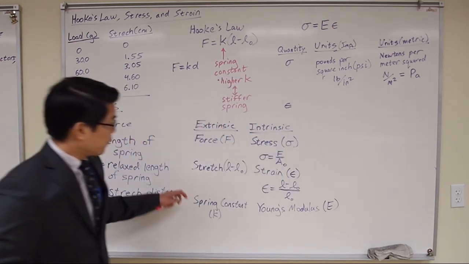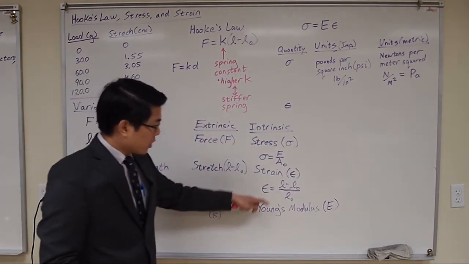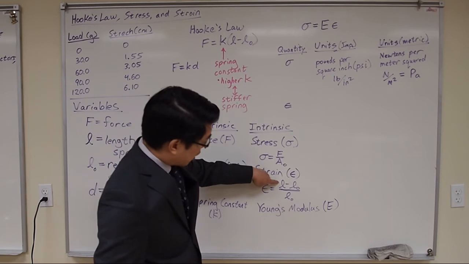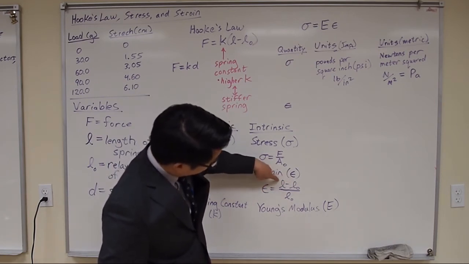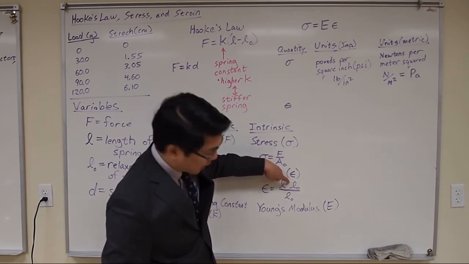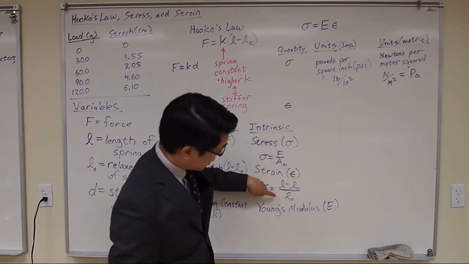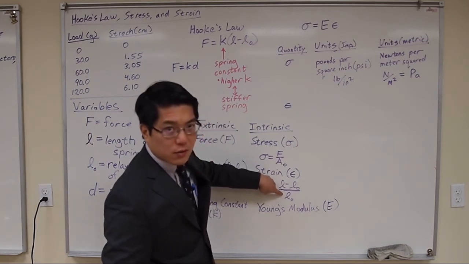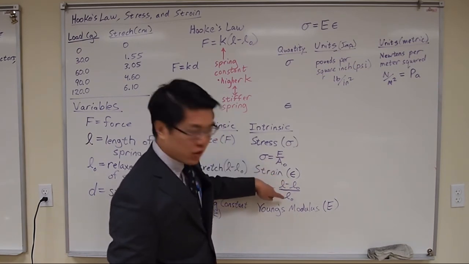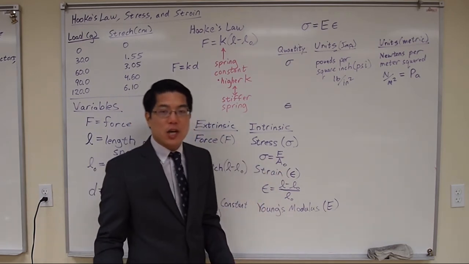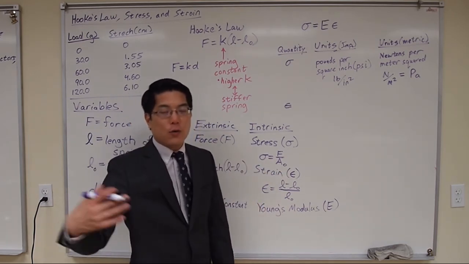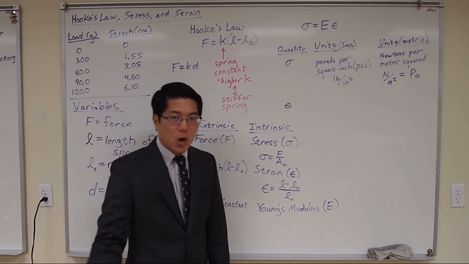the units for strain. Well, the units for strain are, if you look at the top of this calculation, the units of length, because when you subtract a length from another length, you get yet another length, divided by the units of length. In other words, inches divided by inches, or meters divided by meters. Well, your basic understanding of high school algebra, x over x is 1.